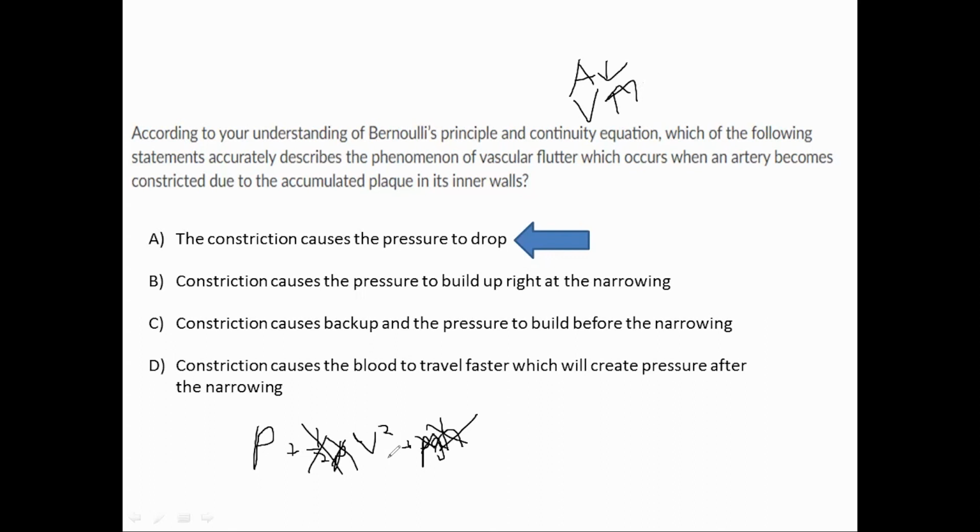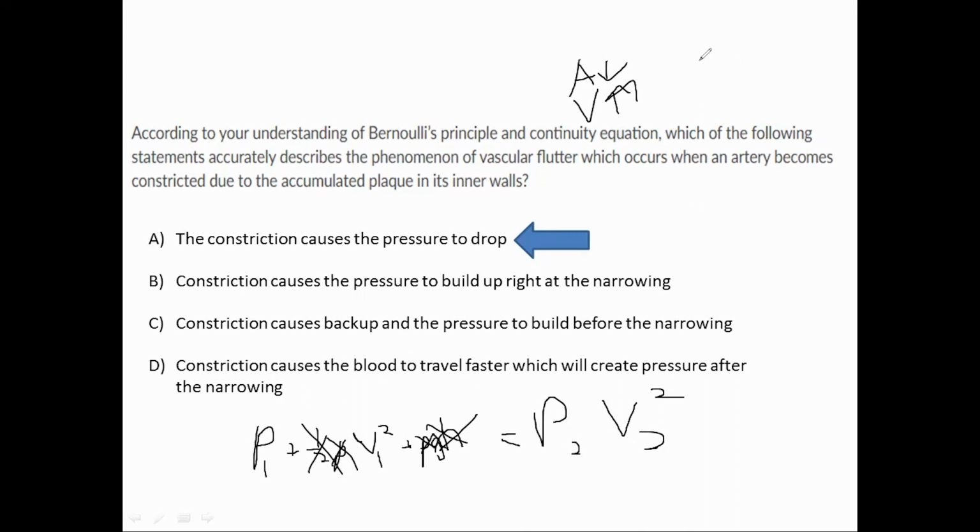The velocity before is lower than the velocity after. Well, that means the pressure before has to be higher than the pressure after in order to balance out and keep the equation true, right? They're inversely proportional.